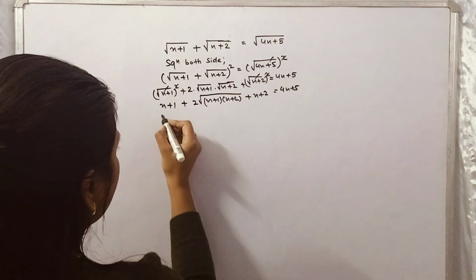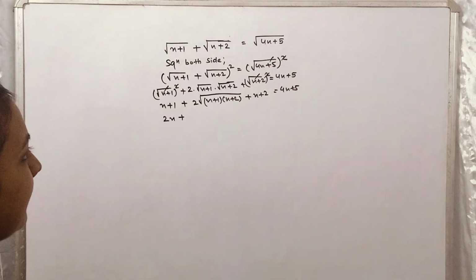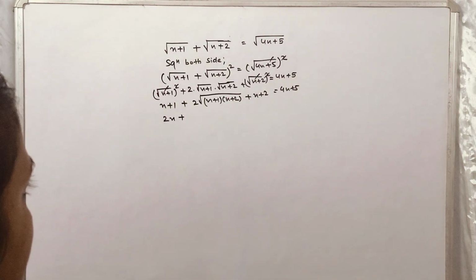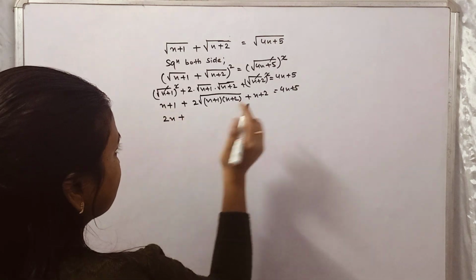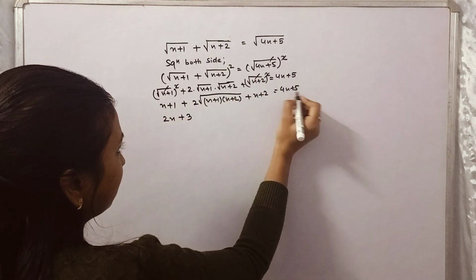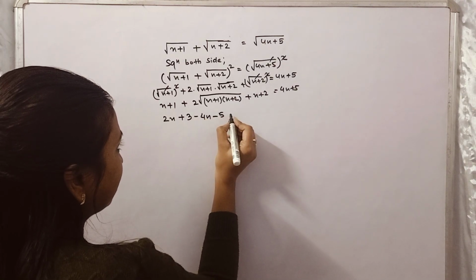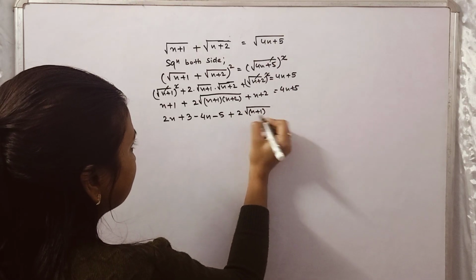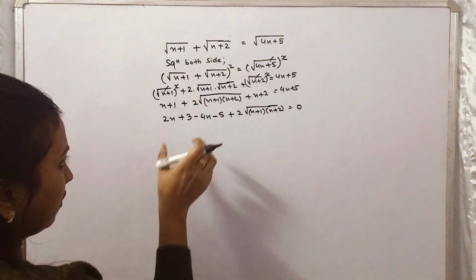Now here this is x plus x, that is 2x, plus a square, so x plus 1 plus x plus 2. Now 2x, this is x plus x is 2x, and 2 plus 1 is 3. So 3. Now we will bring this also here. So this will be minus 4x minus 5, plus 2 root of x plus 1 times x plus 2, equal to 0. Now what do we have?